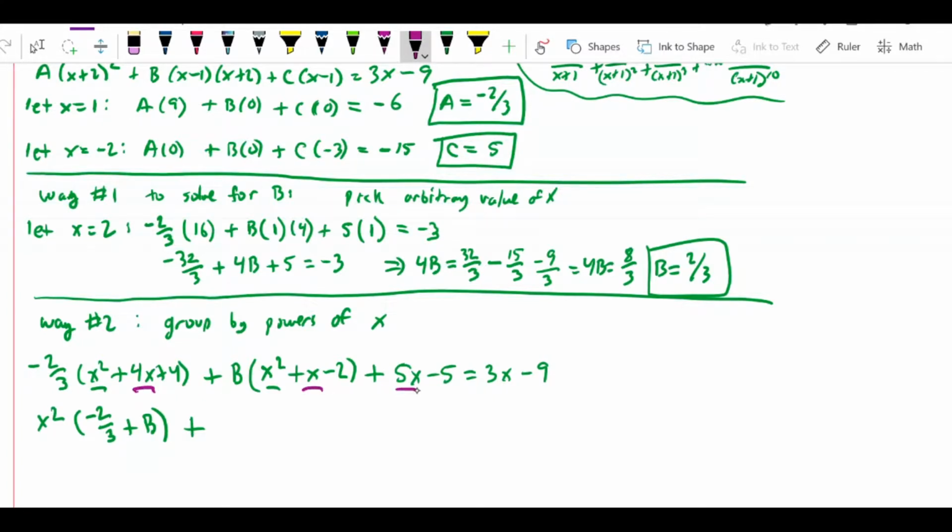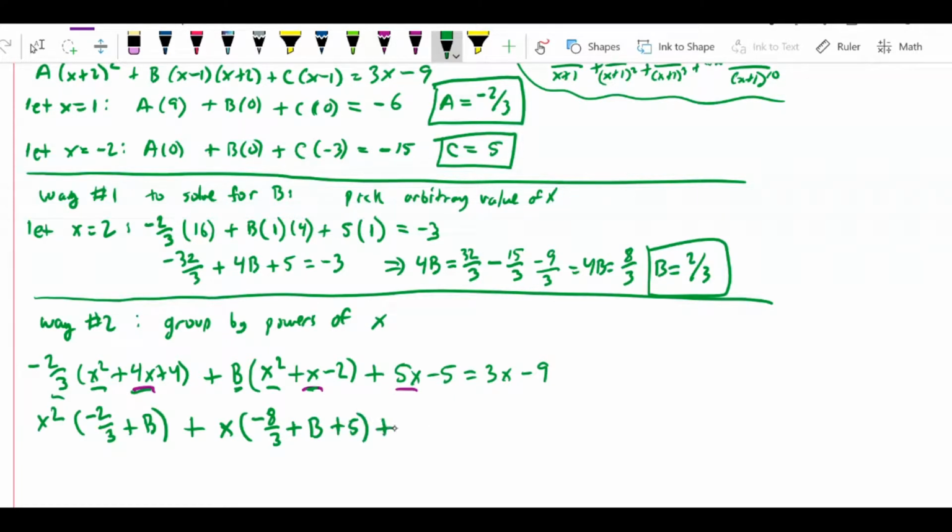I usually put the x squared or the x on the right, but I'm putting it on the left just because that's sort of the way I do this. This is going to be 4 times negative 2/3 is negative 8/3. I got that from here and here. And then plus b, which I got from there, and then finally plus 5.